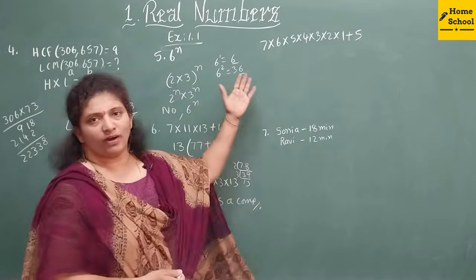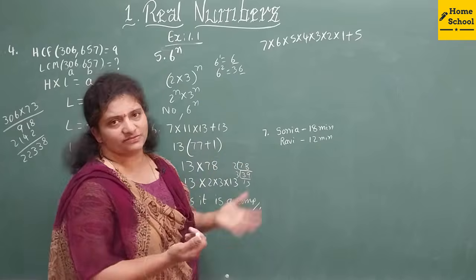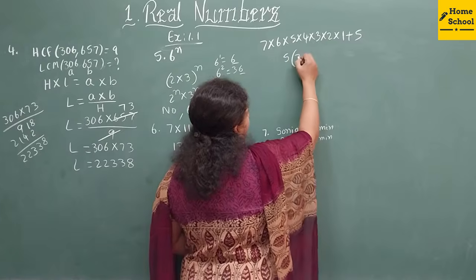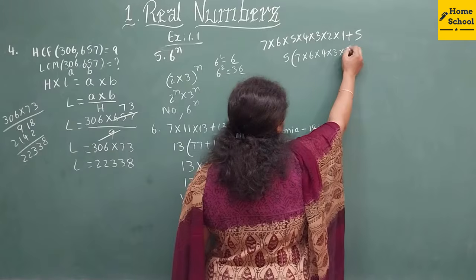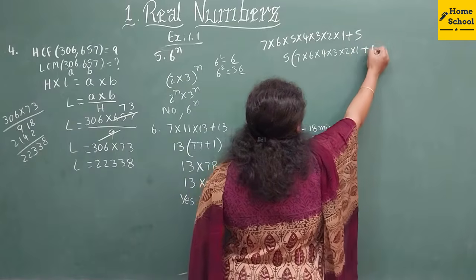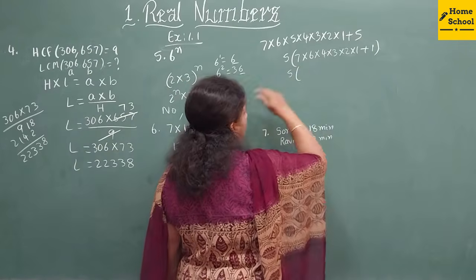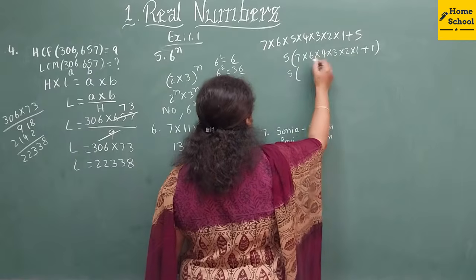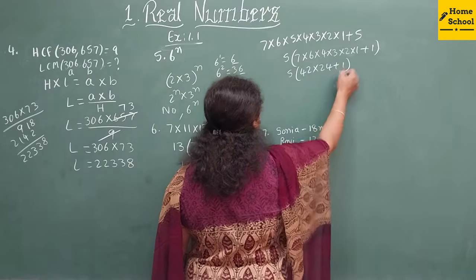And in this you have one more set: 7 into 6, 5, 4, 3, 2, 1 plus 5 there. Again 5 is common. Pick out 5 common. 7 into 6 into 4 into 3 into 2 into 1 plus 1. Right. So now multiply all this. 3 twos are 6, 6 fours are 24, 7 sixes are 42 into 24 plus 1.